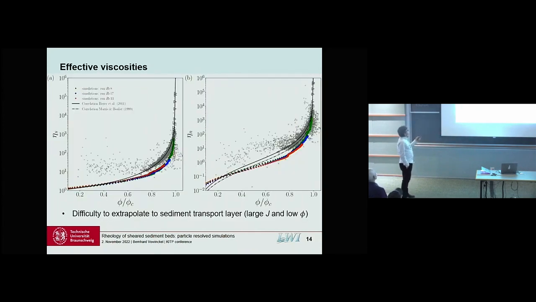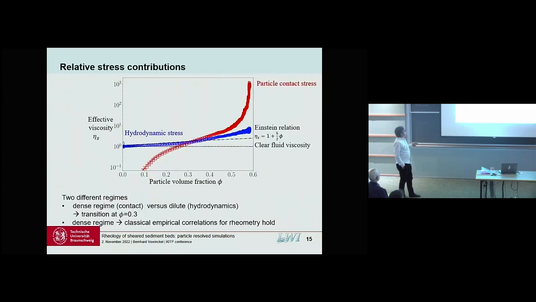Then we furthermore compare against the volume imposed framework in terms of effective viscosity. We again follow the empirical correlation by Jeff's group very nicely, and we found the same trouble in the discrepancy at very low volume fractions here as well. And why that is, we think, is that if we took the effective viscosity in the shearing direction and separated the stress components from the fluid phase and the particle phase, we find a very distinct difference to rheometer type setups.